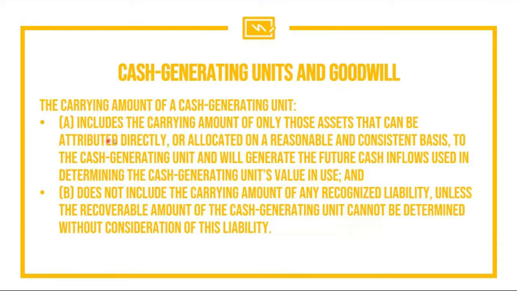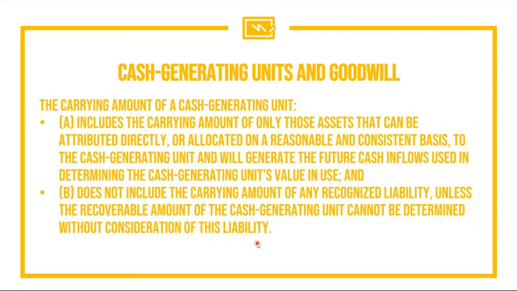It will include the carrying amount of only those assets that can be attributed directly or allocated on a reasonable and consistent basis to the CGU, and will generate the future cash inflows used in determining the value in use, and does not include the carrying amount of any recognized liability unless the recoverable amount of the CGU cannot be determined without consideration of this liability. Okay?